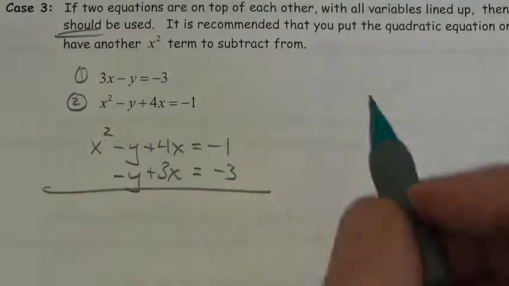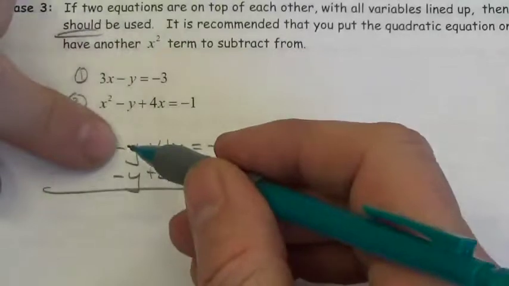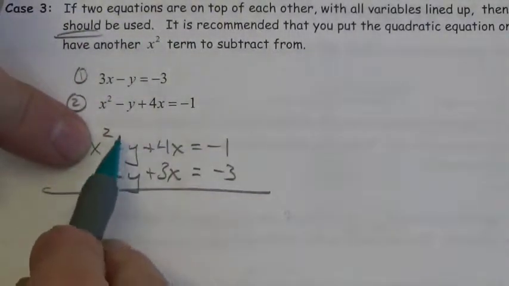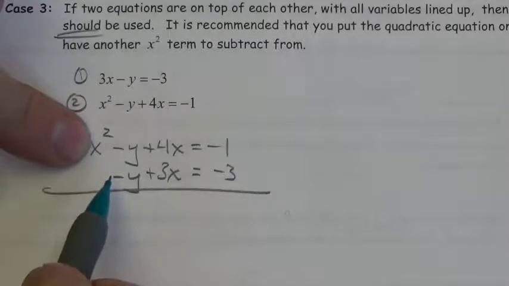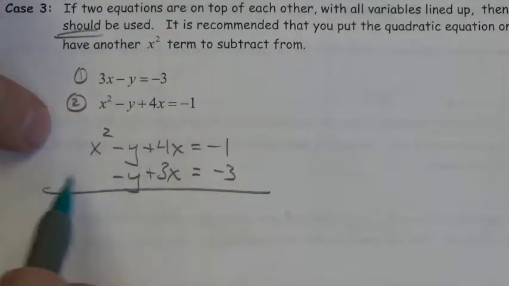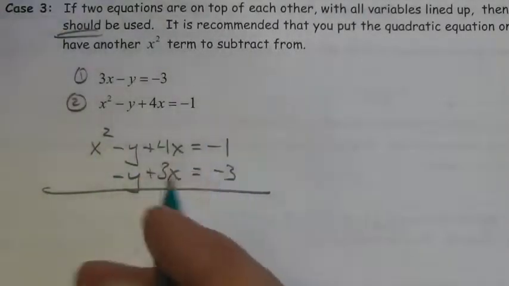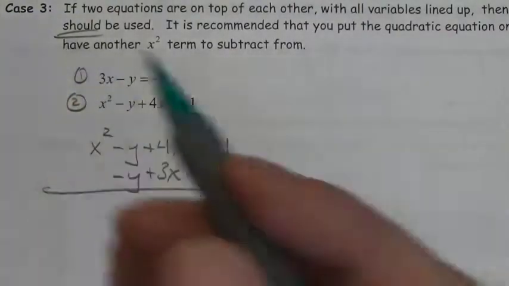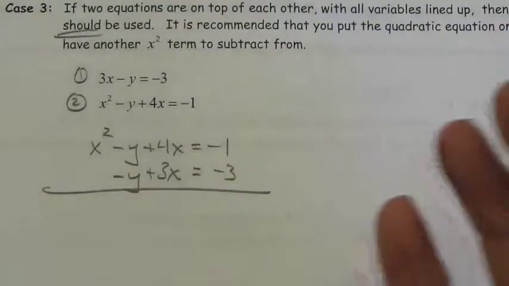So it's not going to work here. So what I've got to do is eliminate the y. In this case, both the coefficients here are negative 1. If the coefficients were different, I would multiply the equations by whatever constants would make those coefficients the same, so that I could eliminate them.